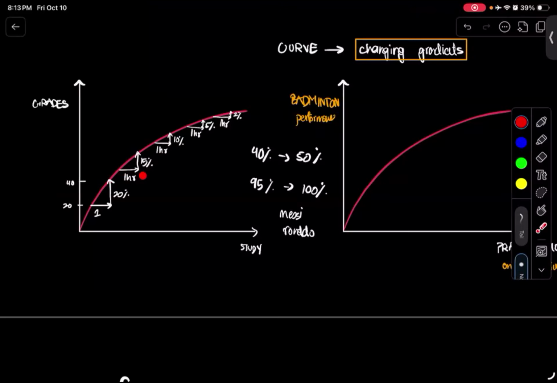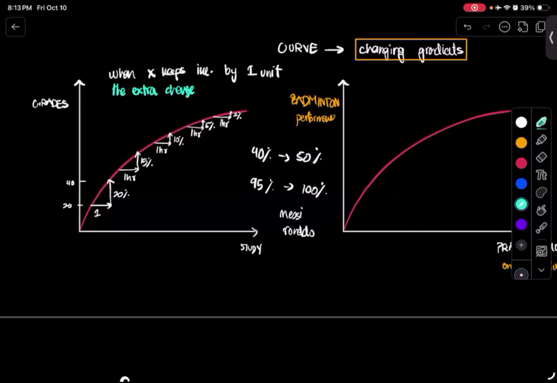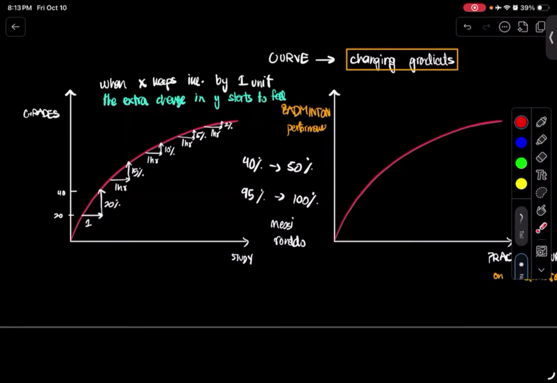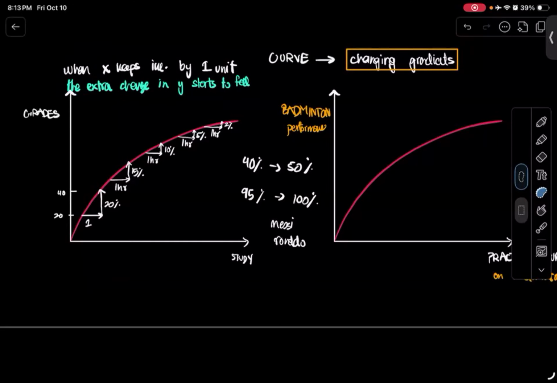Over the course of this journey of studying, when x keeps increasing by 1 unit, the extra change in y starts to fall. If y is still increasing, you are still getting progress, but the progress has slowed down a lot.